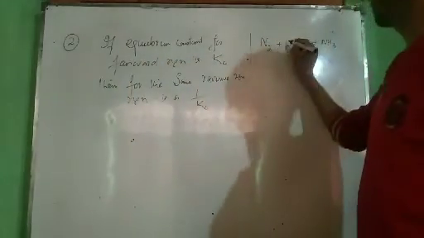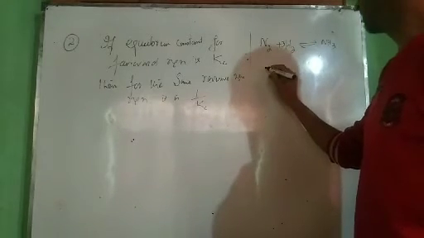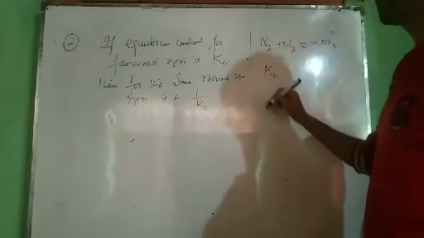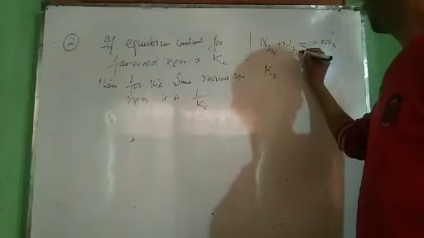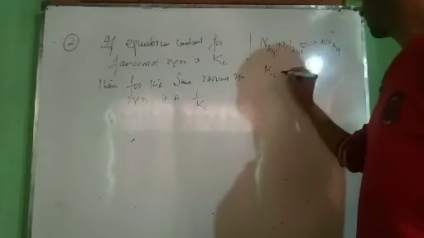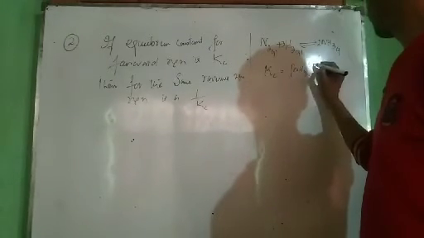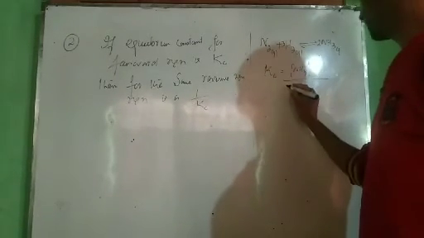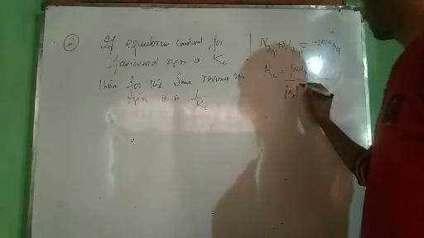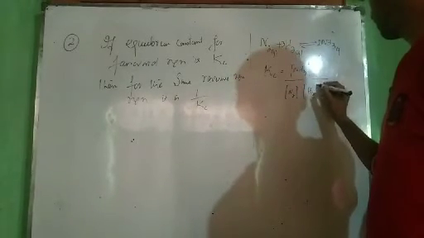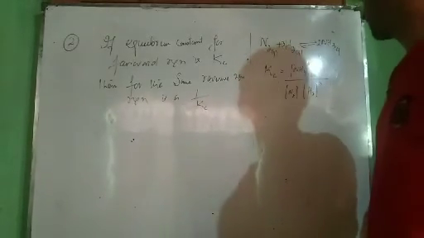Kc for this reaction will be concentration of products, that's concentration of ammonia, which is 2 times, raised to power 2, divided by concentration of nitrogen raised to power 1 and concentration of hydrogen raised to power 3, the stoichiometric coefficient.